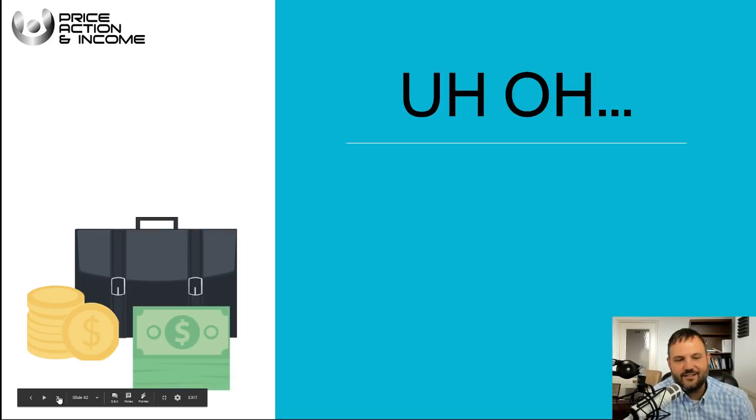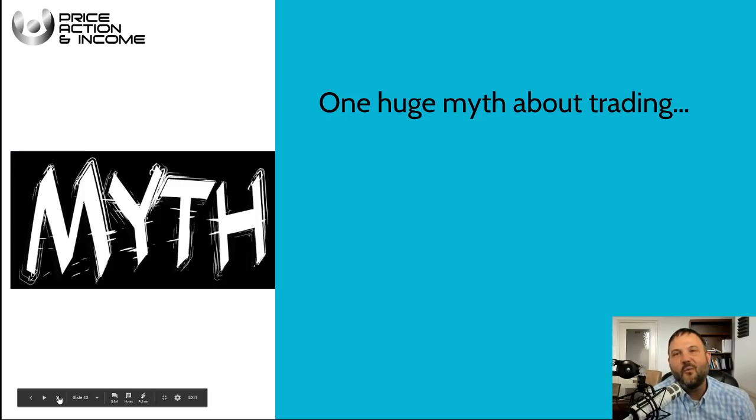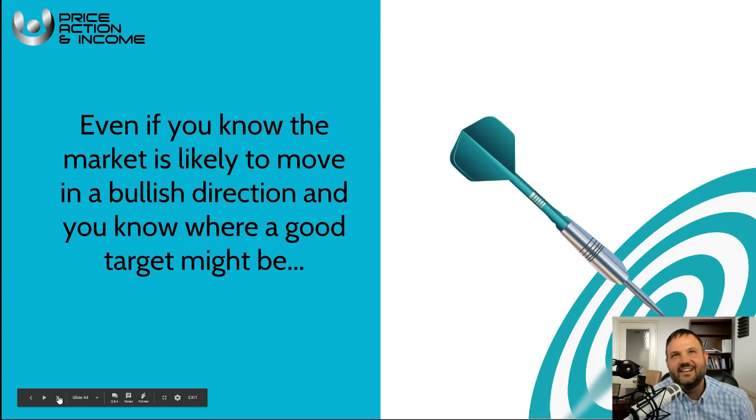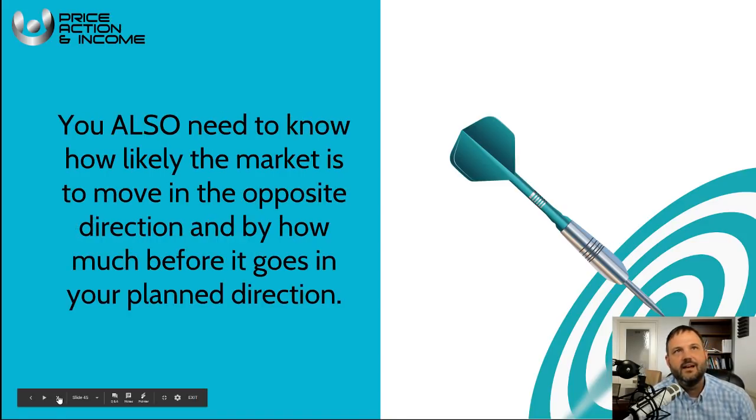Okay, so we're getting some people here saying yes, and I kind of set you guys up, but it's actually a trick question. One huge myth about trading is that even if you know the market is likely to move in a bullish direction and you know where a good target might be, you also need to know how likely the market is to move in the opposite direction and by how much before it goes in your planned direction, because the market is zigging and zagging.